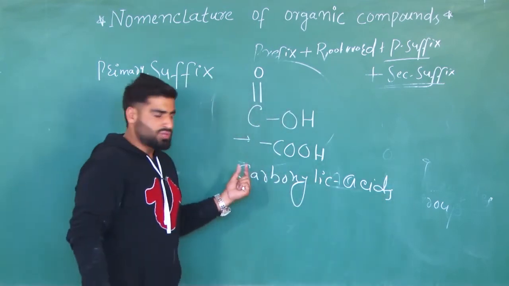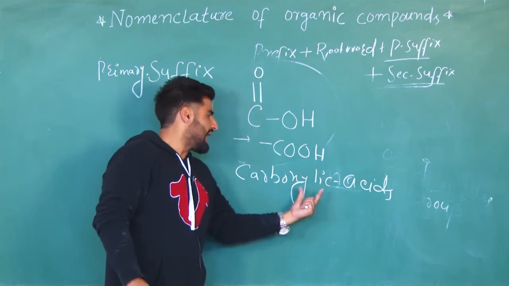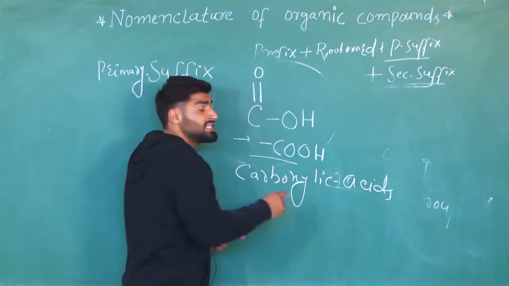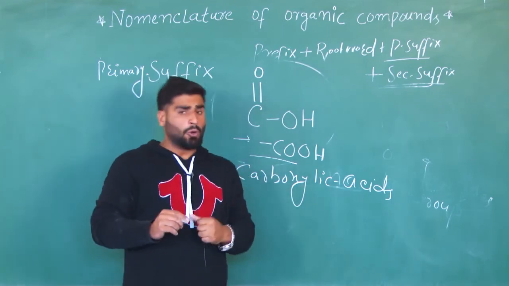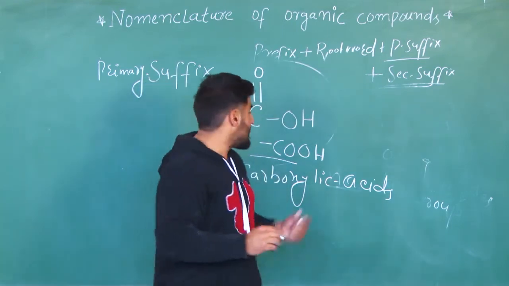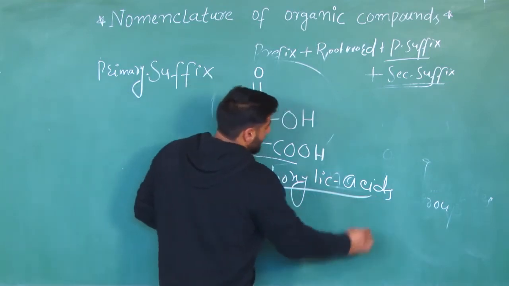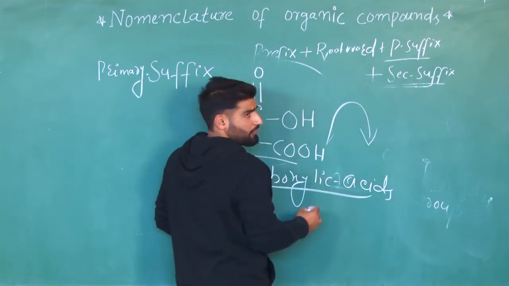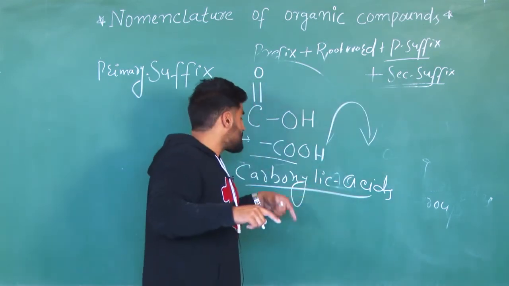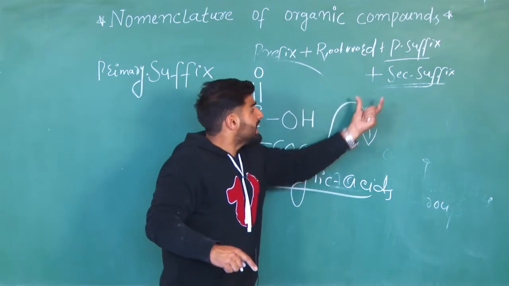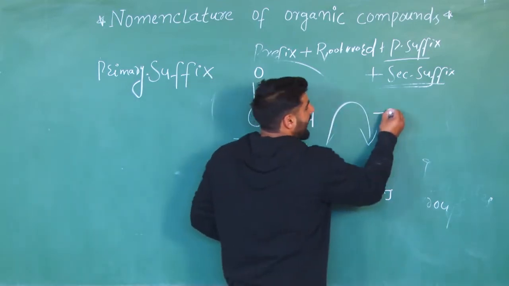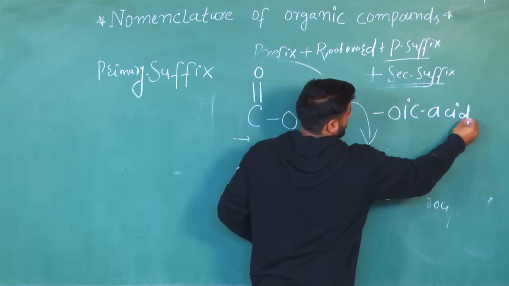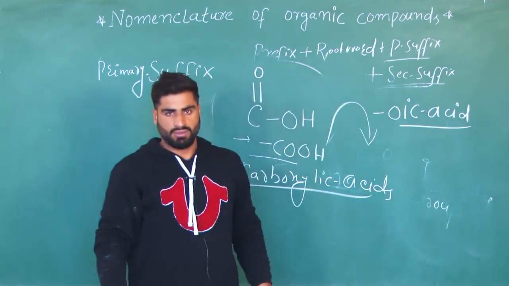So compounds that contain the carboxyl group, simply containing the COOH acidic group in their molecule, such compounds are known as carboxylic acids. And for these carboxylic acids, we use the secondary suffix -oic acid.